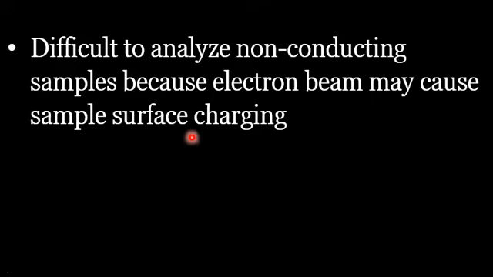When the electron beam falls on the surface of a non-conducting sample, it causes surface charging, which reflects the incoming electron beam again. Due to this, it is quite difficult to analyze non-conducting samples with Auger electron spectroscopy.